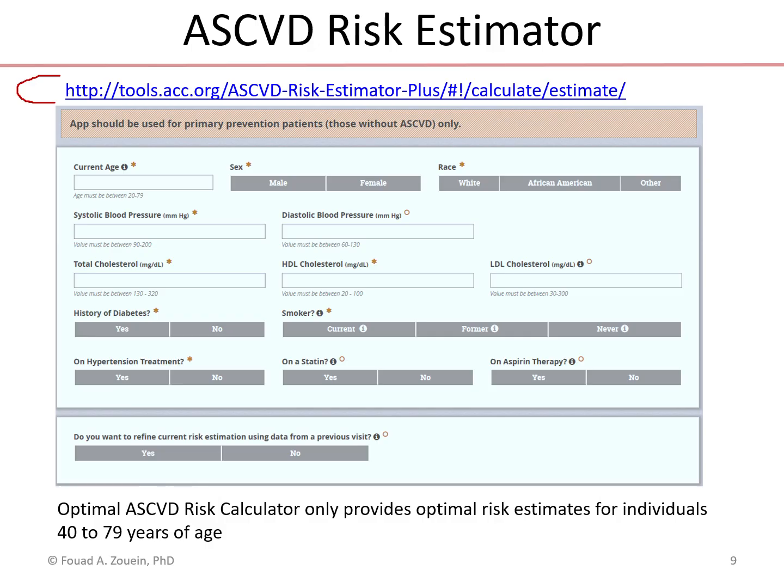So all you need to put is the age, the sex of the individual, the race, the blood pressure, the total cholesterol levels, HDL, LDL, and whether the individual has a history of diabetes, whether he's a smoker, on hypertension treatment or not, on a statin, which is a dyslipidemic drug, on aspirin, anticoagulation therapy.